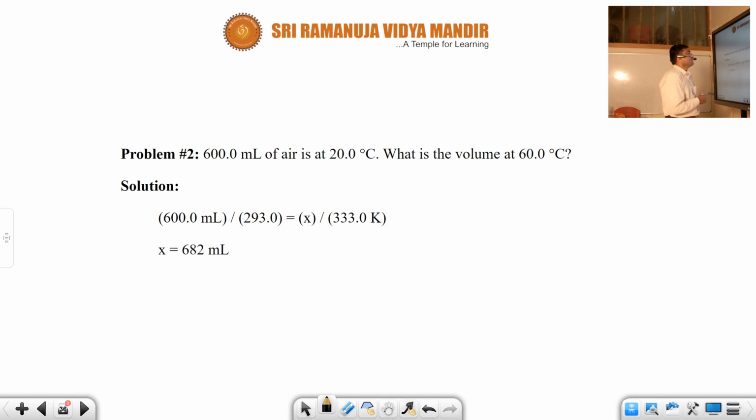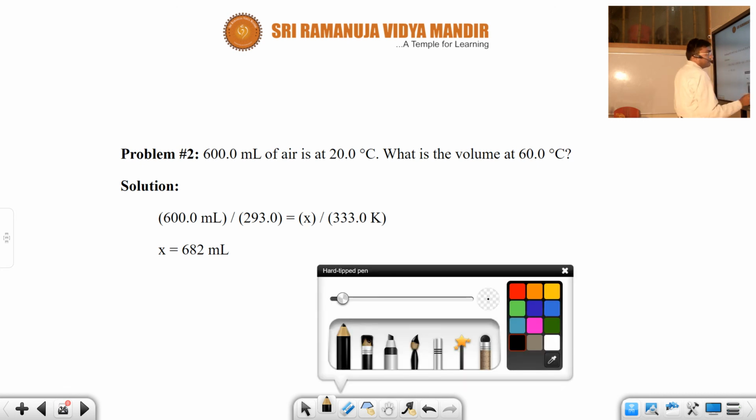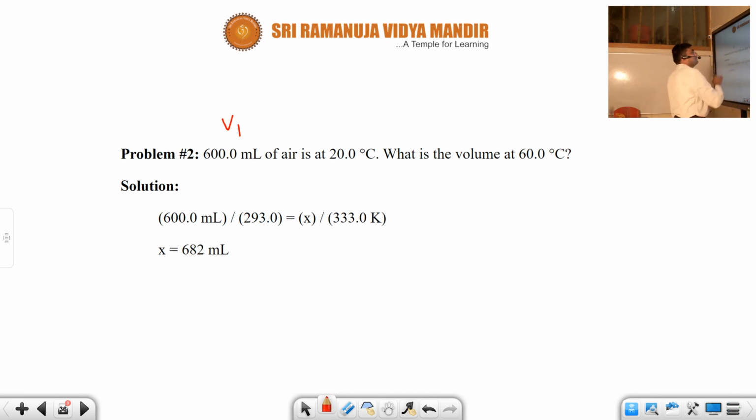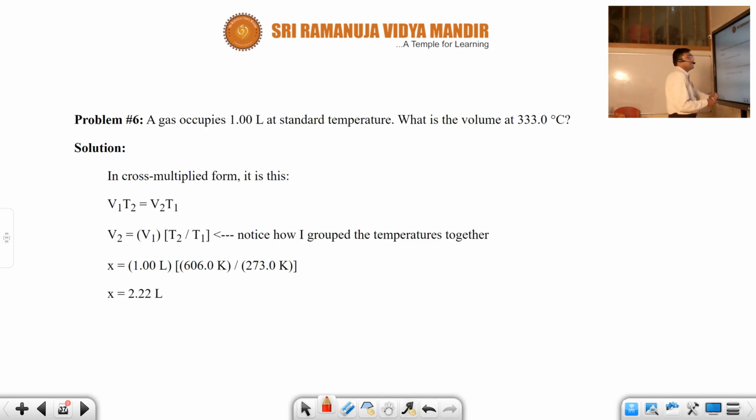Now similarly, here also volume V1 is given, temperature T1 is given, but you have to convert. T1 is equal to 20 plus 273. Similarly, T2 is equal to 60 plus 273. These are straight questions which you can very comfortably arrive at. Similarly, 1 liter of a gas occupies standard conditions. So V1 is given as 1 liter.